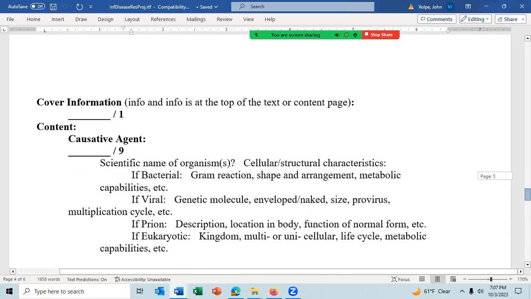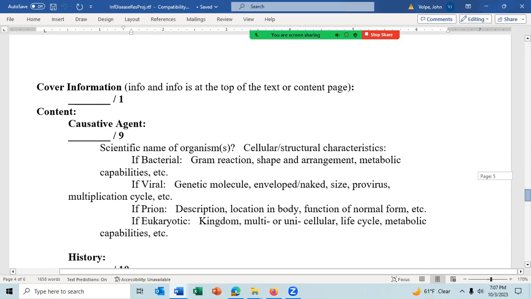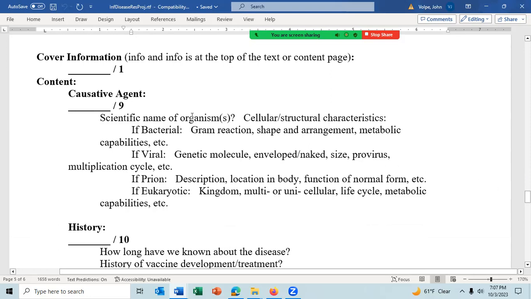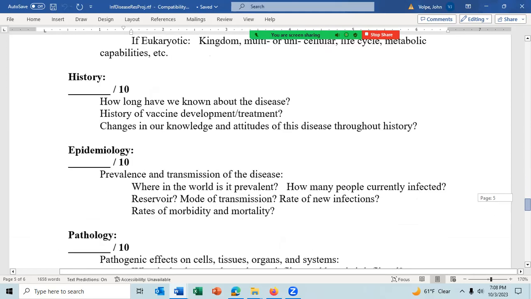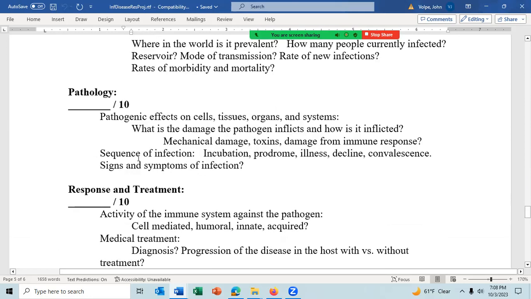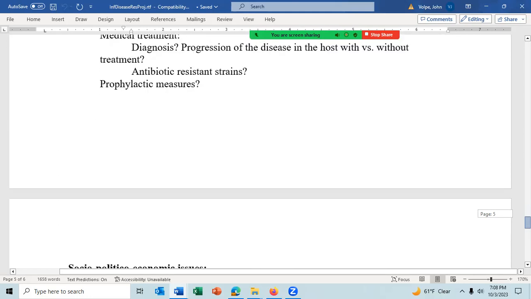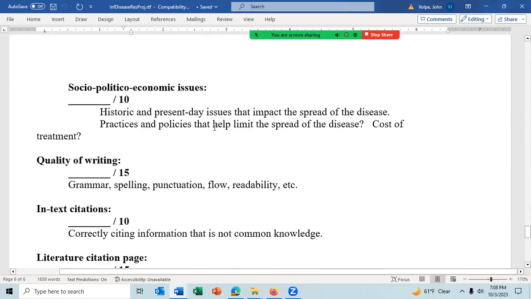All right, what follows now is my grading criteria. You'll be graded 1 point for your cover information, 9 points for the causative agent, 10 points for the history of disease, 10 points for epidemiology, 10 points for pathology, 10 points for the response and treatment, 10 points for the socio-political and economic issues, and 15 points for your quality of writing.